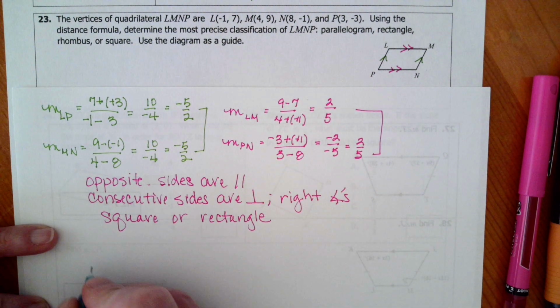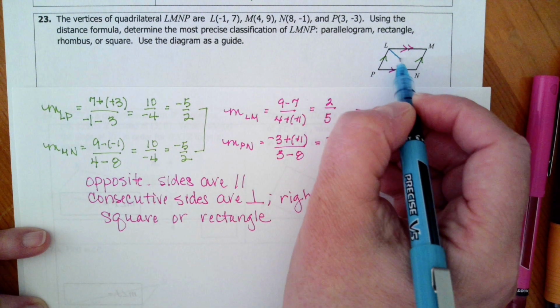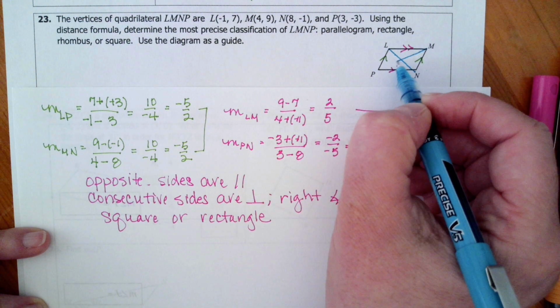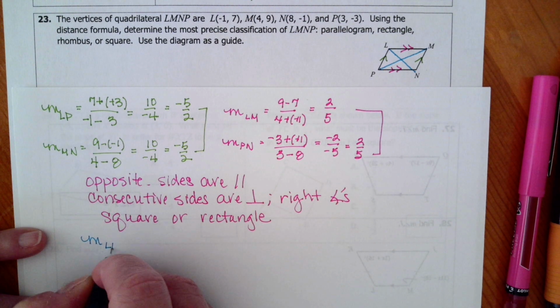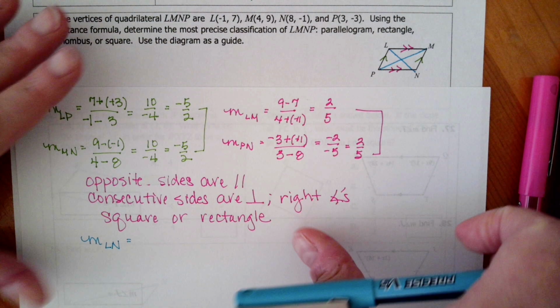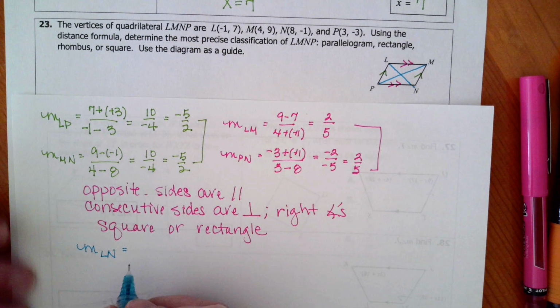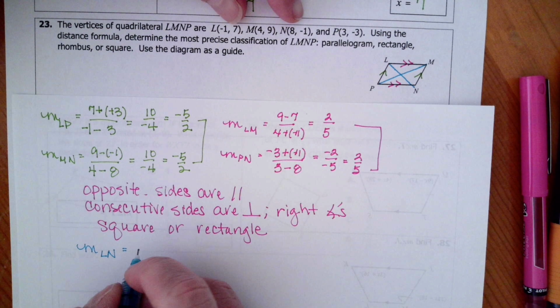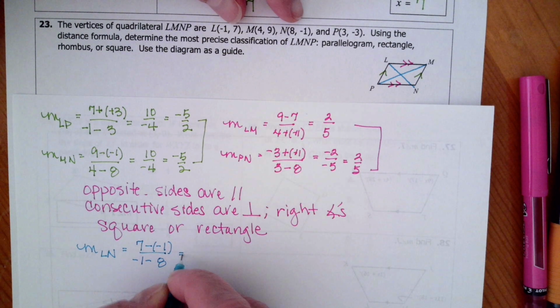Your choice. If we look at our picture, I might choose to go ahead and find the slopes of the diagonals. So if I wanted to find the slope of L to N, I gotta move it back down so you can see the points again. There it is. So the slope of L to N, I would have 7 minus negative 1 over negative 1 minus 8.